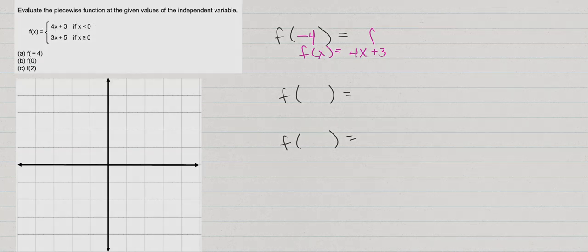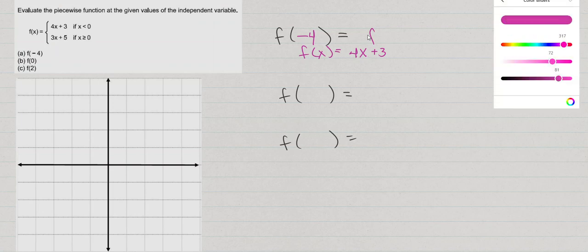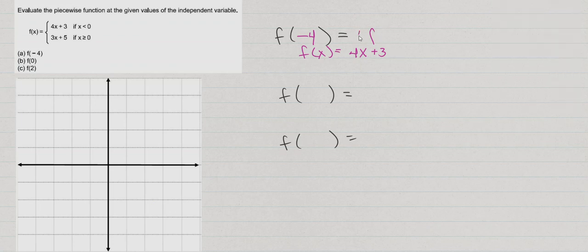So I could fill in -4. So we have 4 times x plus 3, and in place of the x, I'll put the -4. Now, why did I use 4x plus 3 instead of the 3x plus 5?